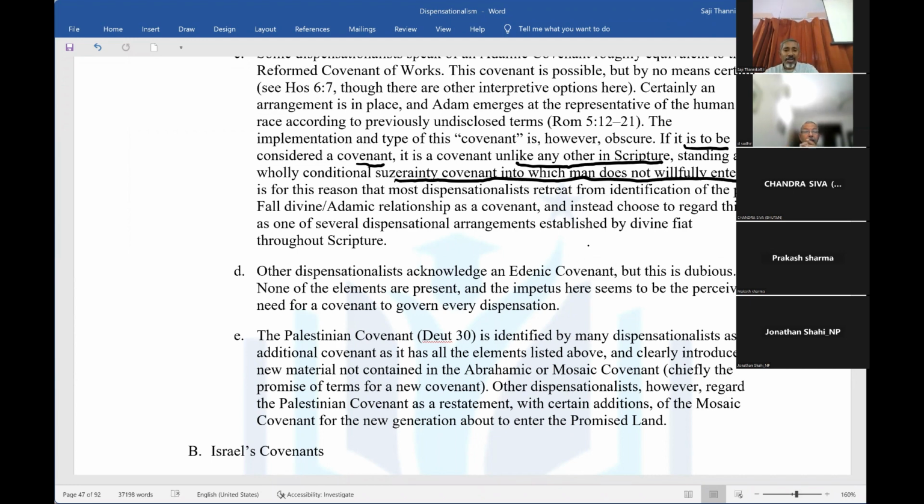Adam never willfully entered into a covenant in the Garden of Eden. It is for this reason that most dispensationalists retreat from identifying the pre-fall divine-Adamic relationship as a covenant, and instead choose to regard it as some kind of arrangement. All right. Those are the main things.